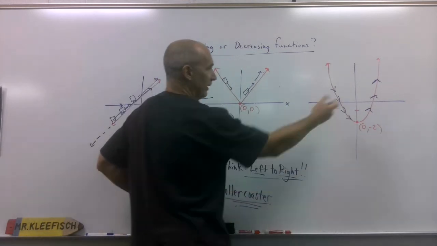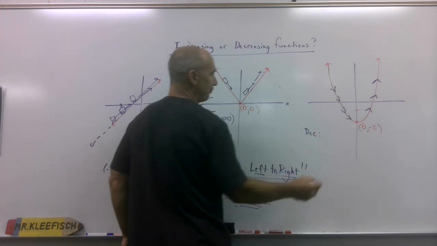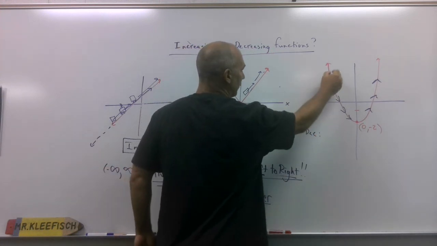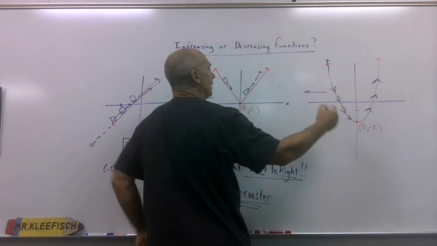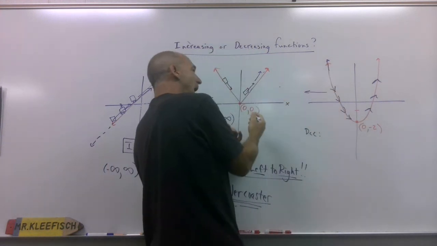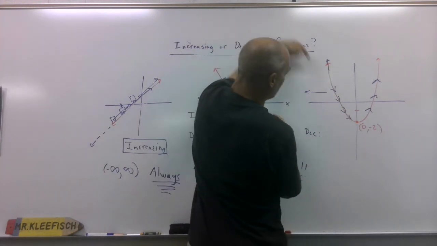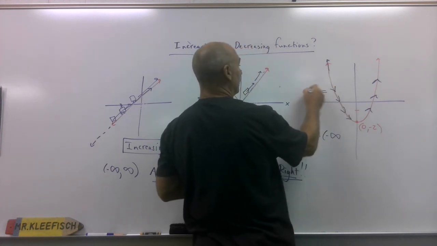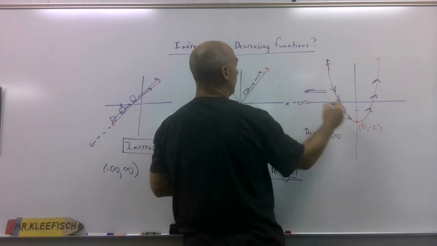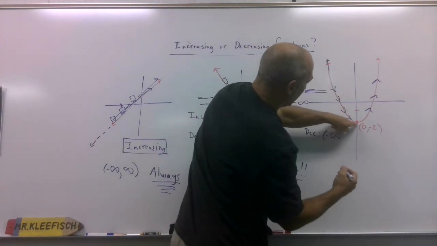So what is this graph? Well, I'm going to start with decreasing this time. It's decreasing. I know this is forcing your brain to think up, but it wants to know how far left would this ride be decreasing. It would start at negative infinity because this thing just keeps getting wider and wider forever and ever. So it would be decreasing that whole time all the way to here.